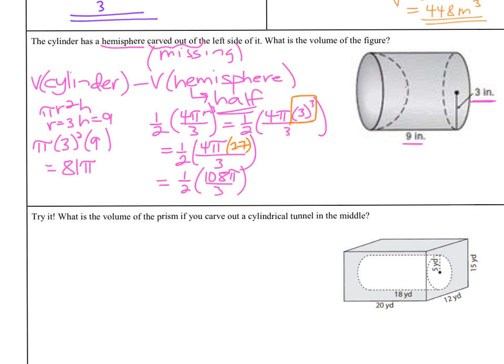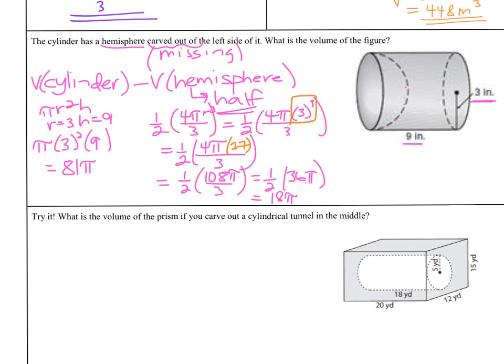If we do 108 divided by 3, that's 36 pi. Whoops, forgot the parentheses on that. Okay, half of 36 pi would be 18 pi.